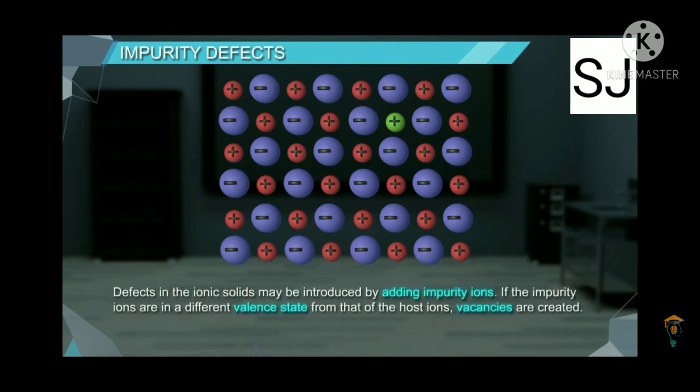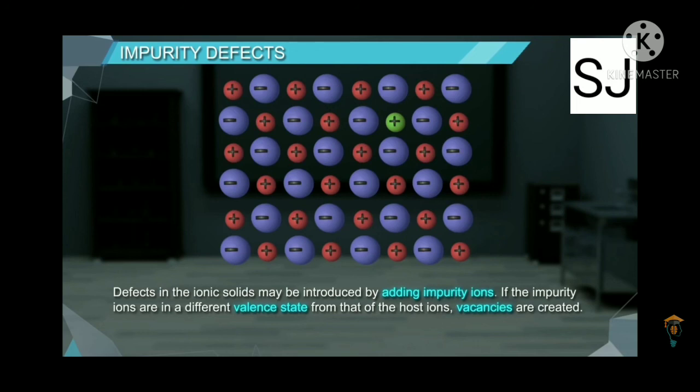So the defects which may be introduced by adding any impurity ion are known as impurity defects. If impurity ions are in a different valence state from that of the host ions which were already there, then in such cases vacancies are created.